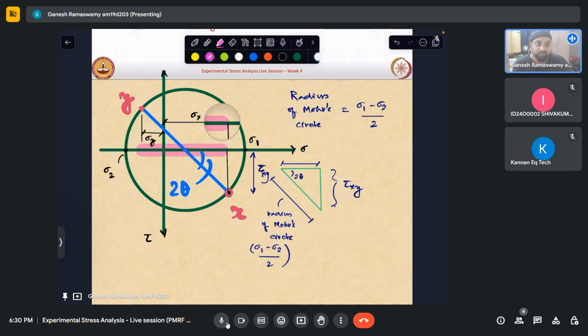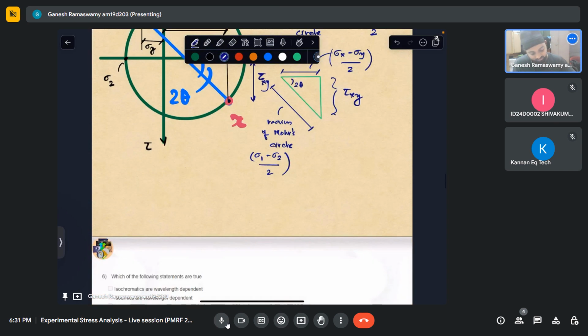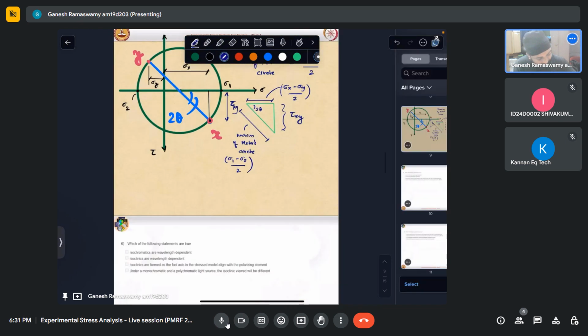I'm sorry. This total distance is sigma x minus sigma y. So half of this distance will be sigma x minus sigma y by 2. So this distance is sigma x minus sigma y by 2. And that is all I need now for the calculation.